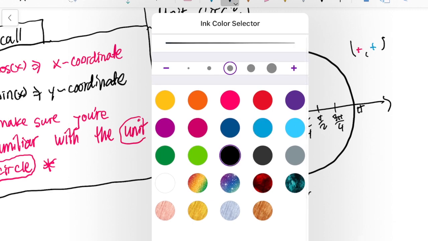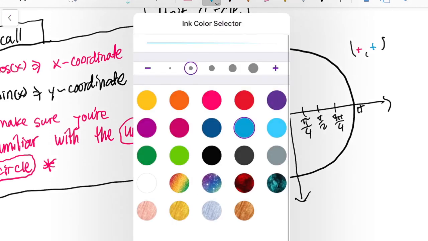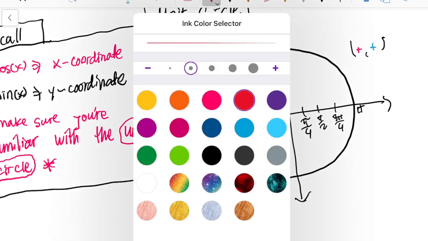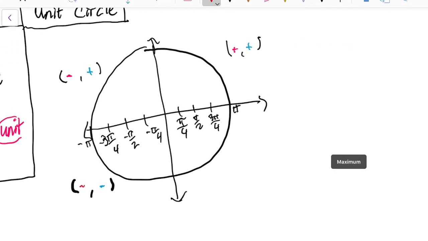And then the points that you will be seeing here are negative and also negative.